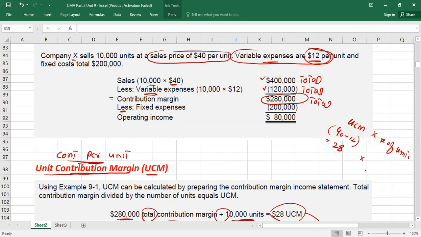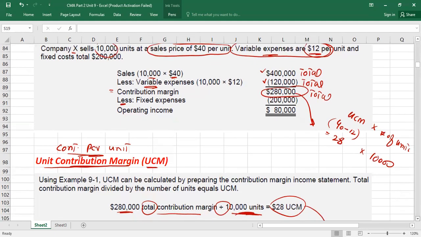If I multiply this 28 by the number of units sold, or produced, which is 10,000 in the question, again you get 280,000 as the total contribution margin. This is the way to get total contribution margin.